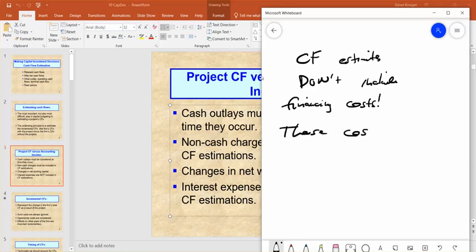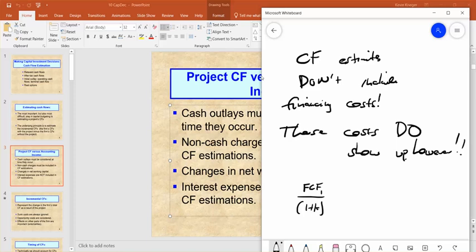These costs do show up, however, in a sneaky way. Your interest and your cost of retained earnings and all that kind of stuff don't actually show up in your free cash flow estimates in the numerator, but the higher your costs of financing, the higher your discount rate in the denominator is.